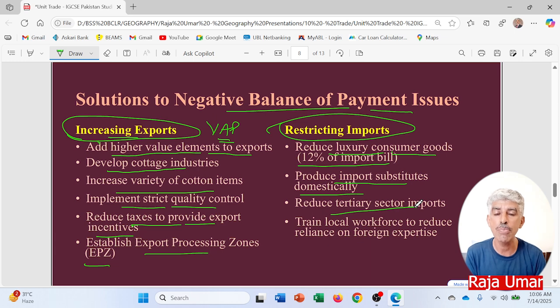We are supposed to rely on our own engineers to fix those issues, rather than importing that engineer to Pakistan, and we should be saving that sort of foreign exchange as well, by restricting the imports of the tertiary sector, I mean the services.